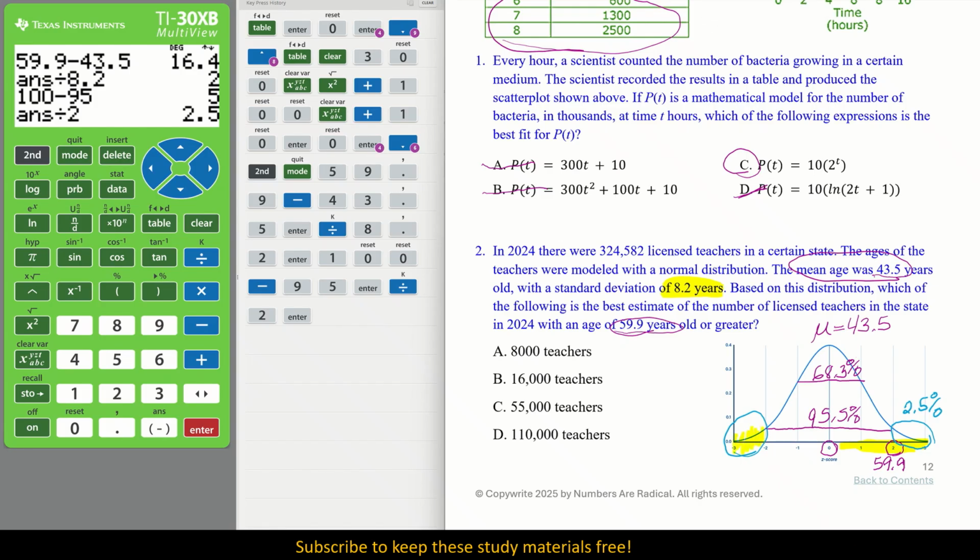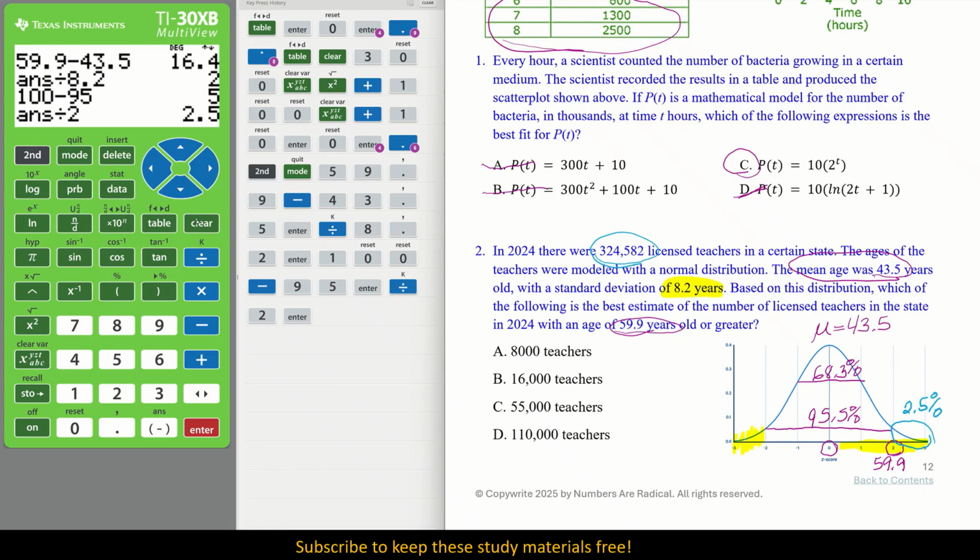That's younger. That's not what we're looking at. So I'm actually going to get rid of that. We don't want that. We want the 2.5% multiplying it by this given number of teachers in the state, multiply those together, and that will actually give us the number we need.